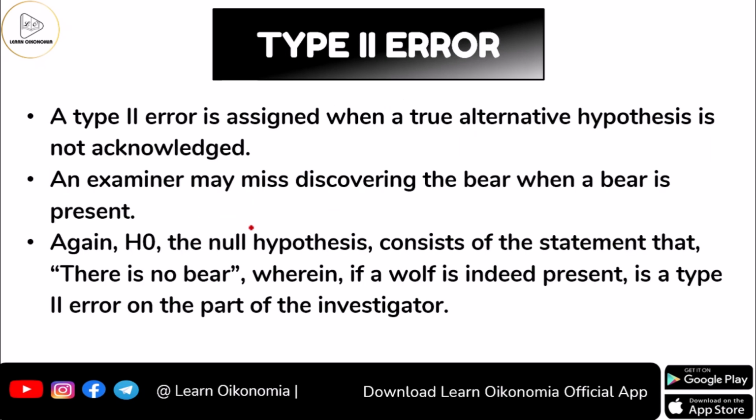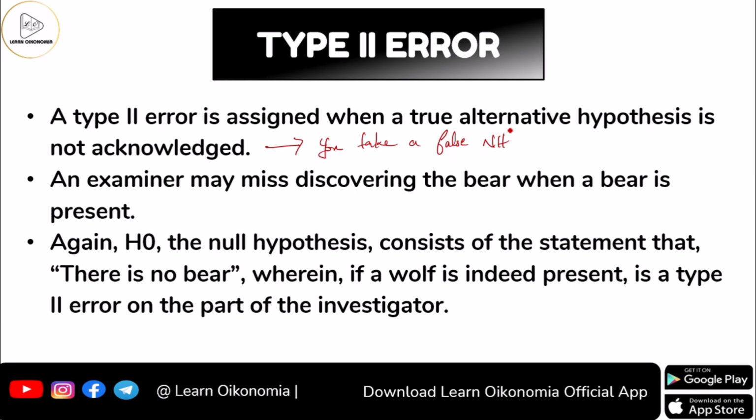Now, a type 2 error is something that is assigned when a true alternative hypothesis is not acknowledged. Rather, what you take is a false null hypothesis.